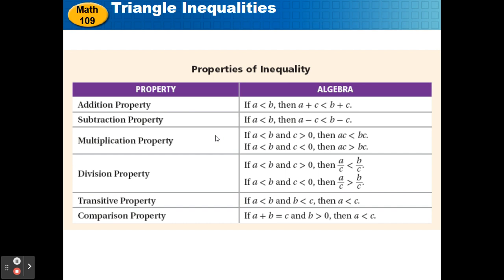The transitive property also applies. And the comparison property states that if we add a positively valued quantity to A, when A plus B is equal to C, then A must be less than C.